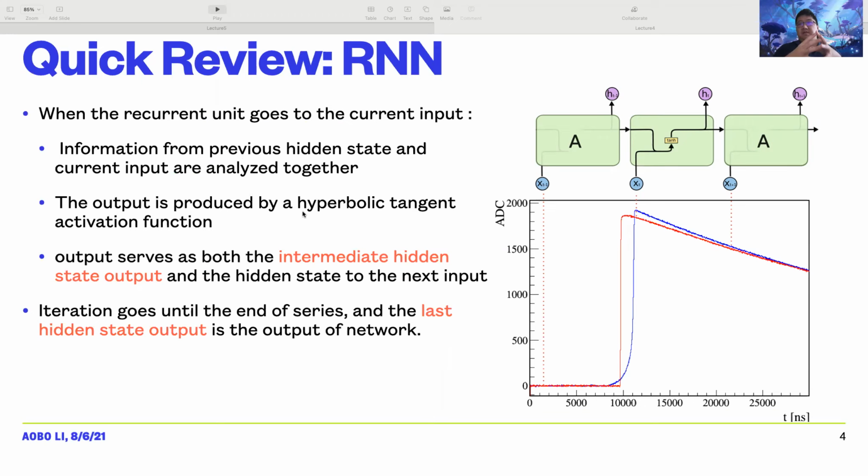The output of the hyperbolic tangent function serves as both what we call an intermediate hidden state output and also the hidden state to the next input. So we keep this serial iteration going until we reach the end of the waveform or the time series data, and the last hidden state output is the output of the neural network. So there are two important concepts. One is the intermediate hidden state output. The other one is the last hidden state output that we have talked about several times.